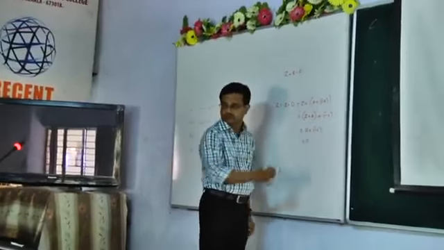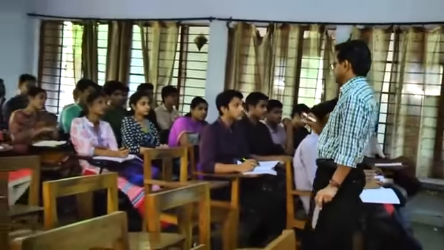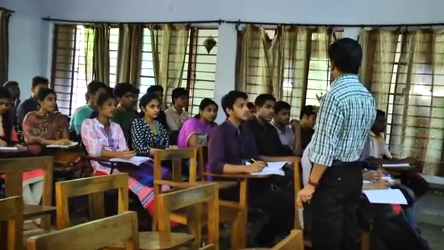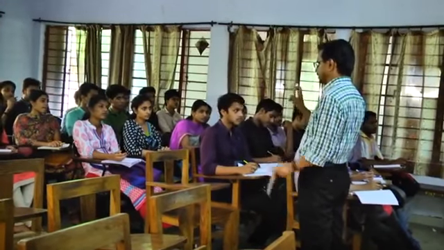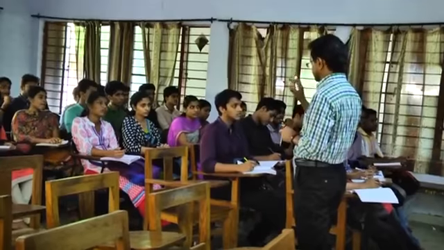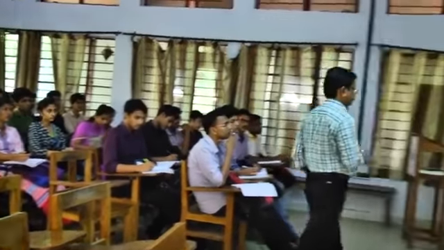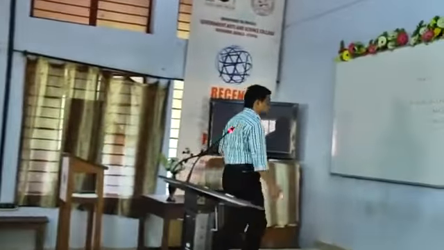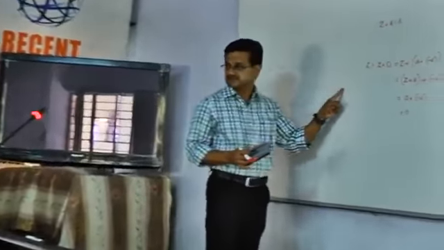It is again equal to 0. So I proved that if Z plus A equals A, then Z equals 0. That shows that the 0 element is unique. There exists only one such element in R. We call it 0, having the property. So this shows the uniqueness of the 0 element.